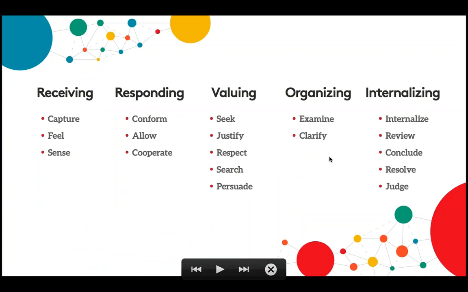And so the benefits of the affective, we can see some of the various verbiage associated with that: capturing, seeking, justifying, respecting, and some of these.